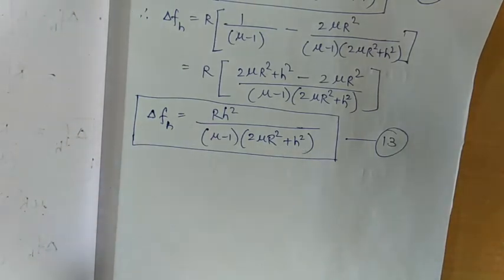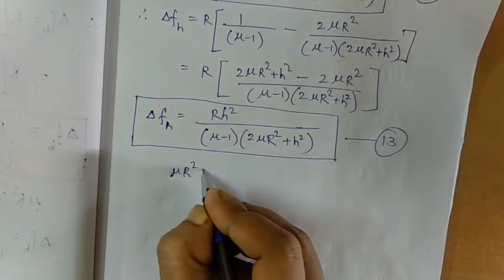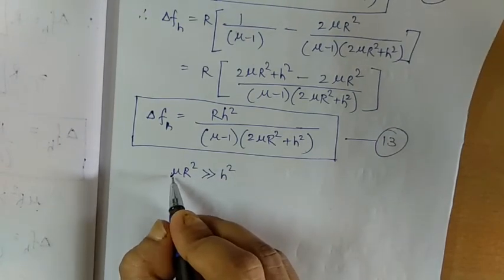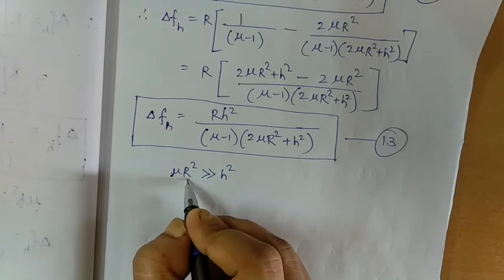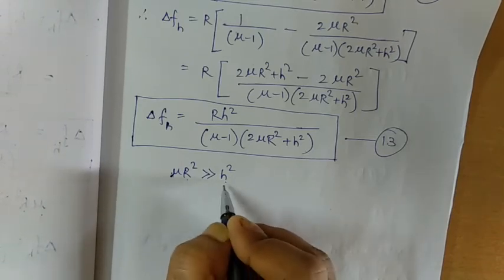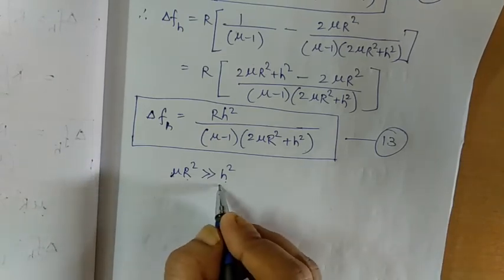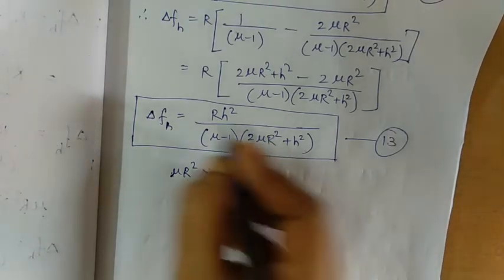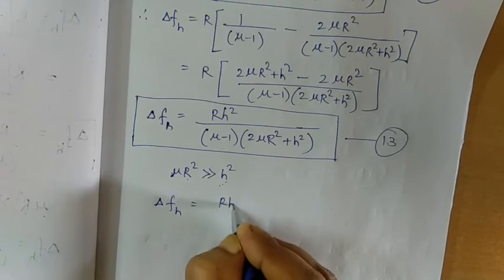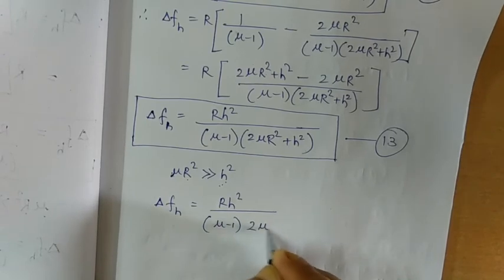Now we can take a case over here. The term mu r square may be much greater than h square, because the product of refractive index and the radius of curvature is obviously greater than the height of the ray passing through the lens, that is for the h zone. So for this condition, equation 13 can be written as del f_h is equal to r h square divided by (mu minus 1) into 2 mu r square.